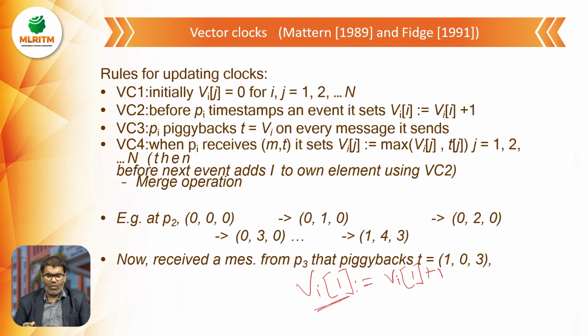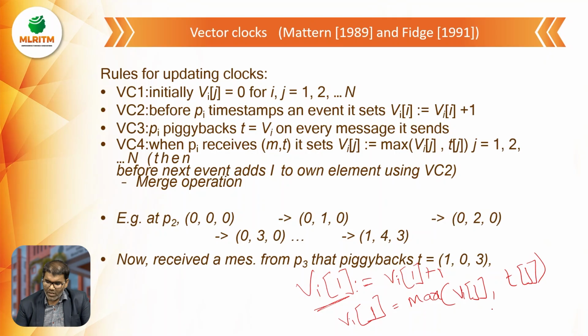Next, vector clock 4. When process Pi receives (m, t), it sets Vi[j] equal to max of Vi[j] and t[j], where j equals 1, 2, 3 and so on.